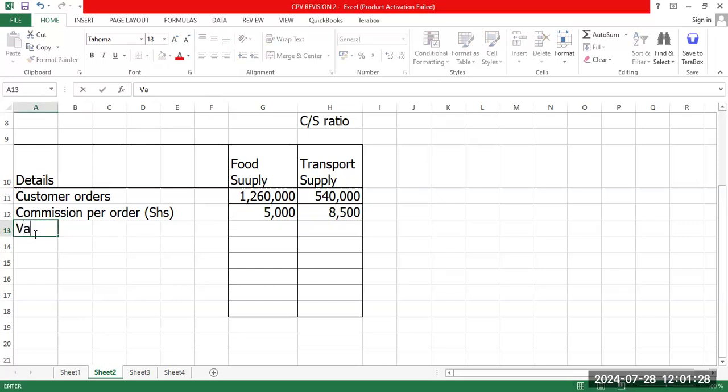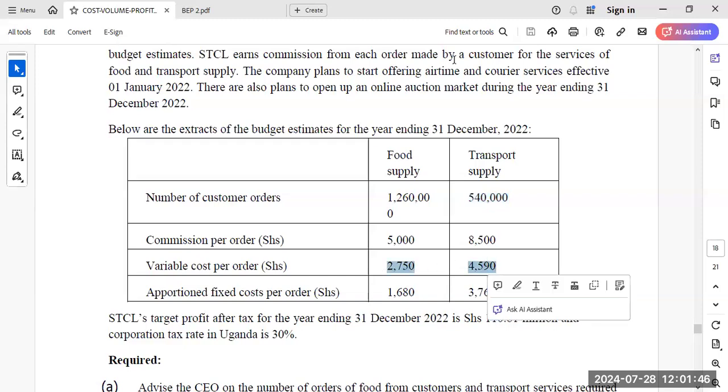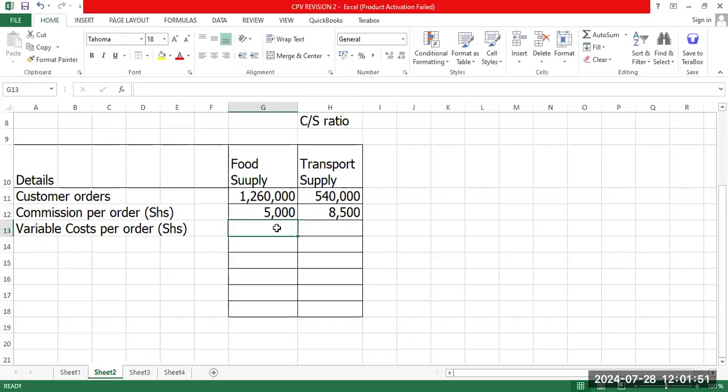Then I have variable costs per order: 2,750, then here 4,590.